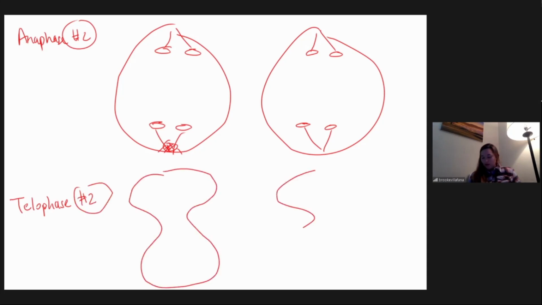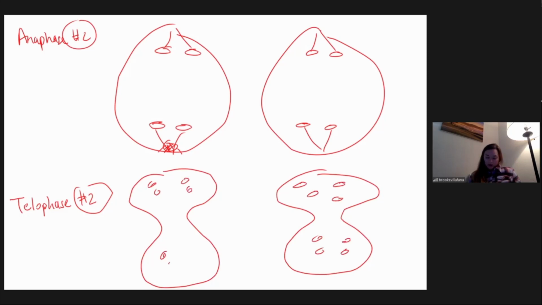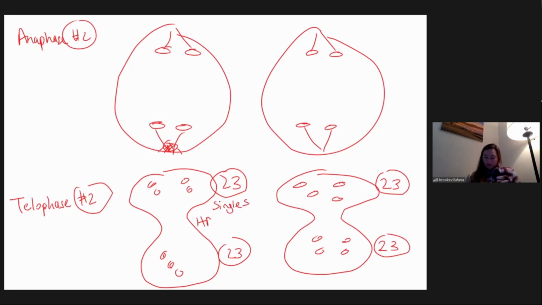And then for telophase, right, we're going to end up with 23 and 23 in each of these. And they're 23 singles. And what do we call these? Haploid cells. Okay, and that's the end result of meiosis 2.